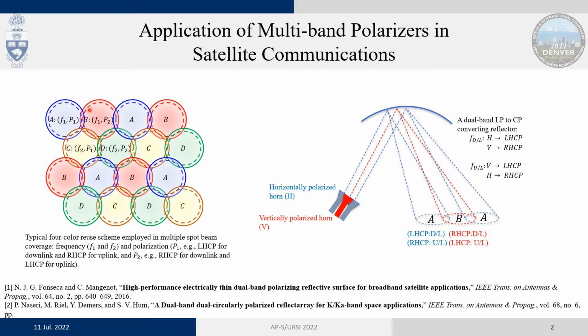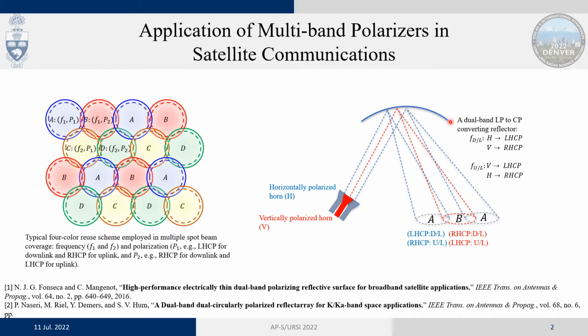However, it is associated with only one polarization, P1 and P2, where both of these polarizations are circular polarization and they are orthogonal to each other, meaning that if one of them is left-handed circular polarization, the other one is right-handed one.